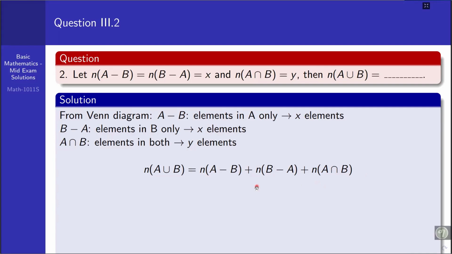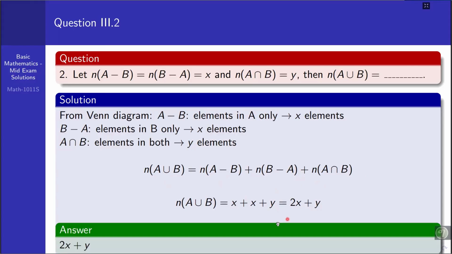So when we substitute the given values X and Y into this equation, we obtain the number of elements of A union B, which is equal to X plus X, since the number of A minus B is X and the number of B minus A is also X, plus the number of their intersection, Y, so that X plus X, which is 2X, plus Y. Therefore, the exact answer for this problem is 2X plus Y.